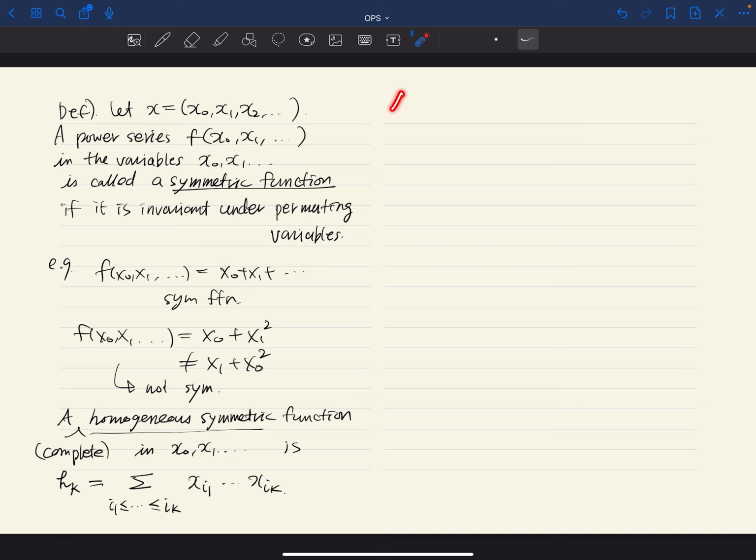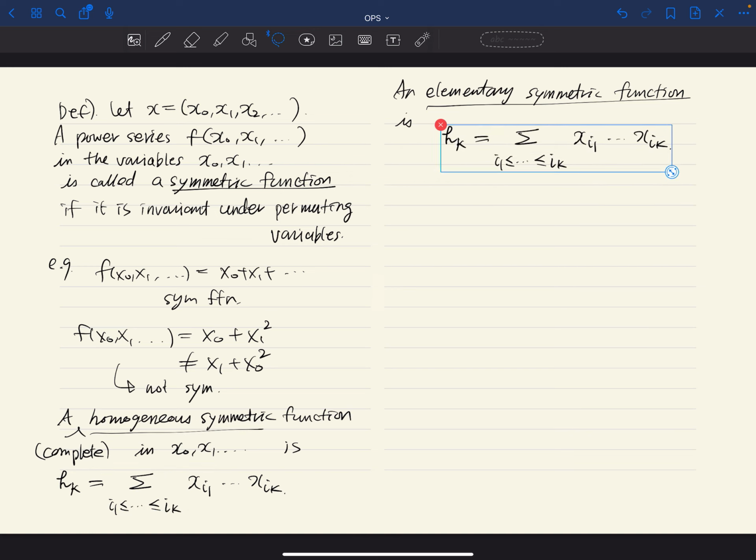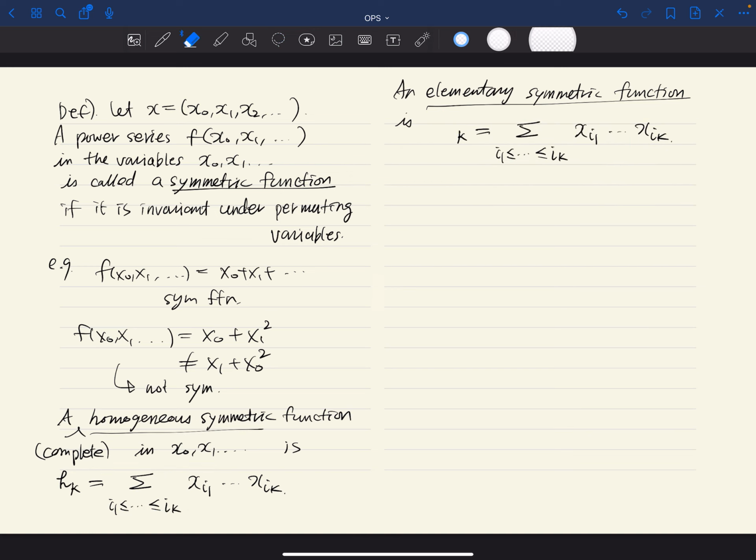And an elementary symmetric function is similar, of course in the same variables, exactly the same, except we use a different notation, E. And here we don't allow repetitions.